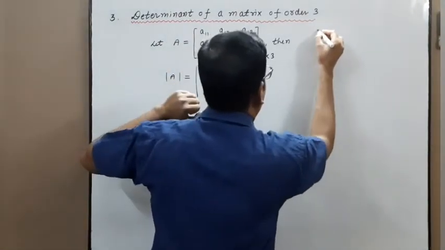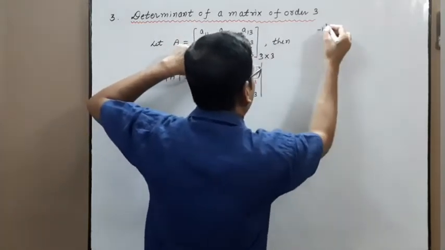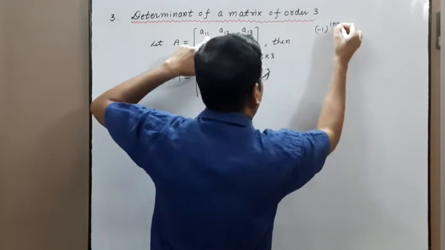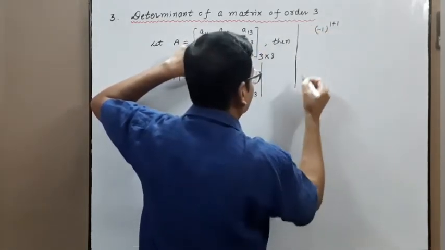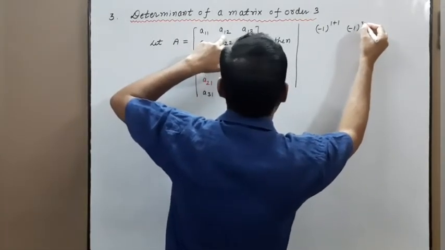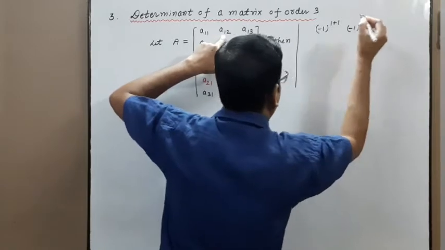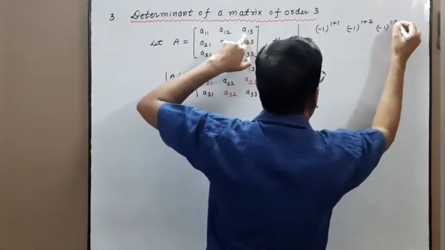In this way. Minus 1 raised to the power sum of suffixes, means 1 plus 1. Sign of first element. Sign of second element, minus 1 raised to the power 1 plus 2. Third element, minus 1 raised to the power 1 plus 3.